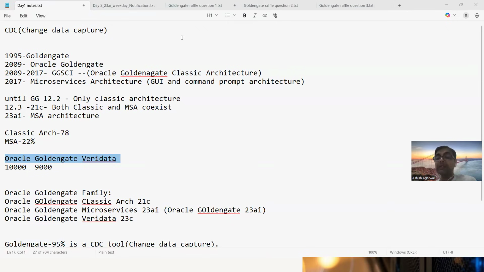The latest versions are 21c for classic architecture, 23ai for microservices, and 23c for Veridata. Let me tell you, Veridata until 12.2 had a middle tier of WebLogic. From 23c onwards, the dependency on WebLogic is removed and there is no WebLogic required for Veridata.